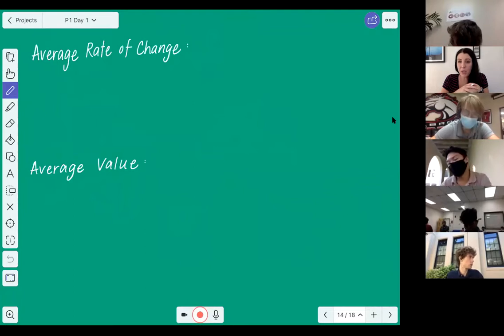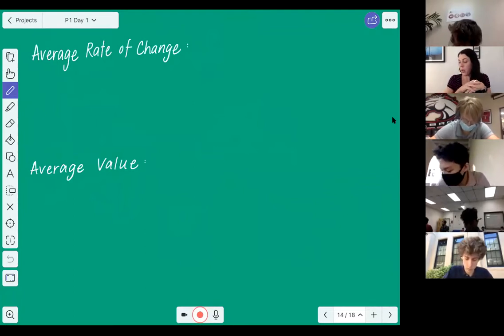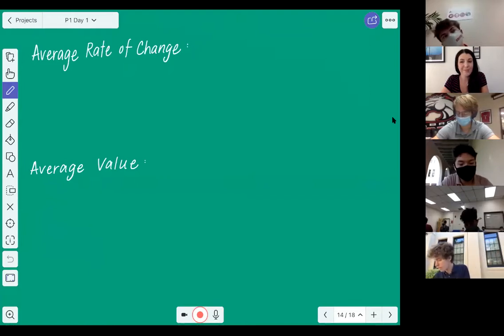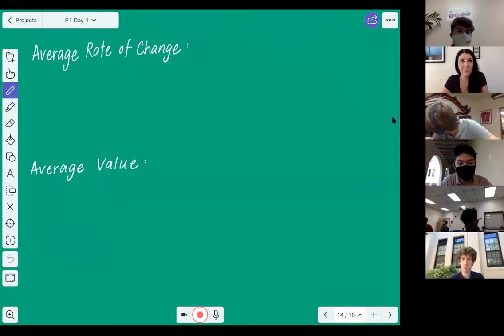So average rate of change we've talked about before. Aiden, Lynn, what's average rate of change? It's weird to describe. It's basically how fast something is changing.